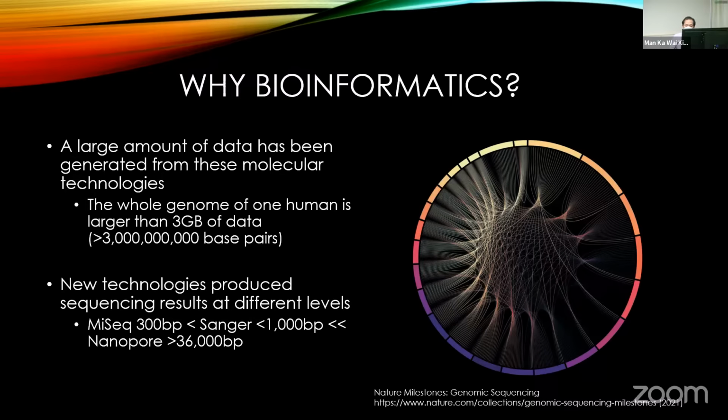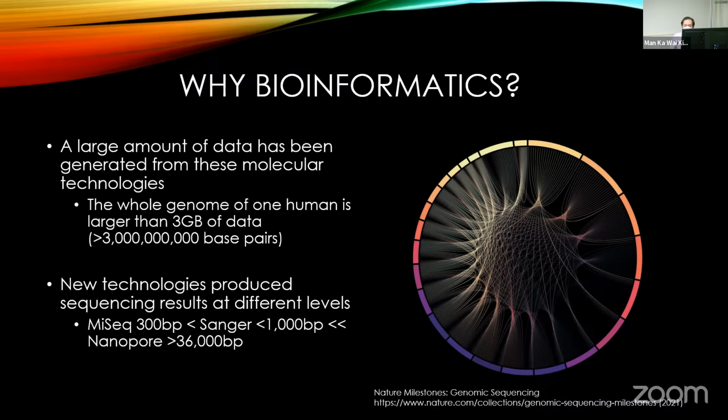It's not like before. All this data has been generated in a pretty fast way. You may have heard about the Human Genome Project, which took about 20 different universities and institutes to collaborate, and thousands of staff and scientists working together to sequence just one human genome within about 13 years.